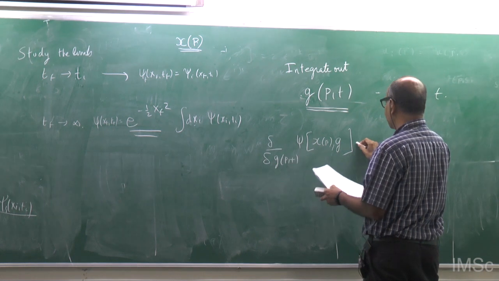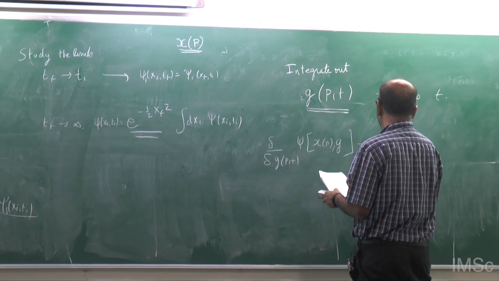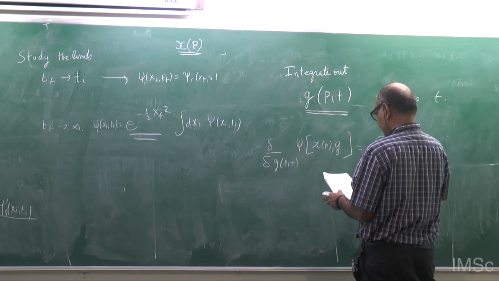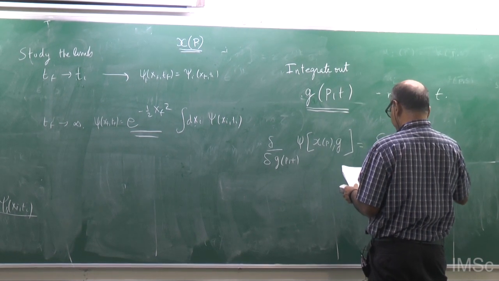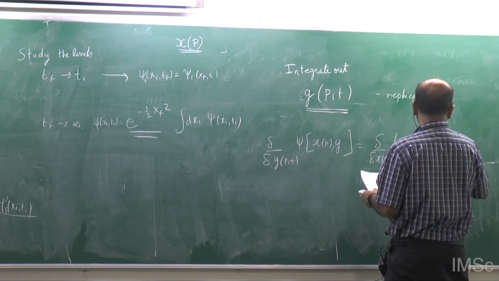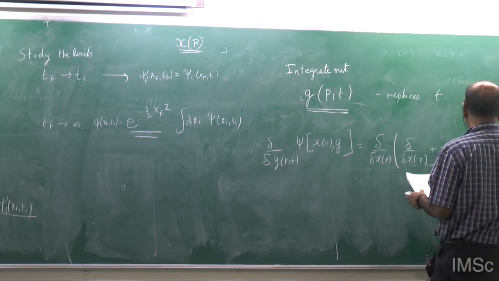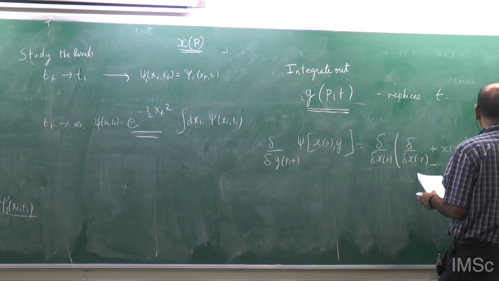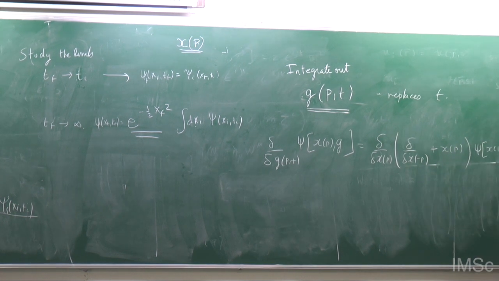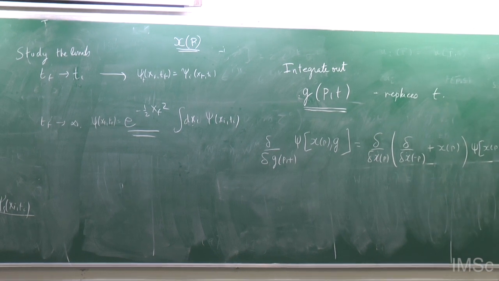So we just write down the same equation as there. So delta by del x of p. This is a straightforward generalization of that.